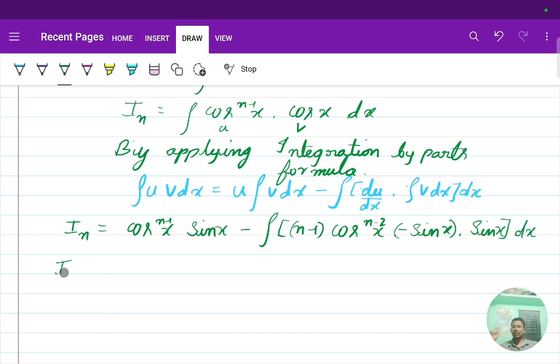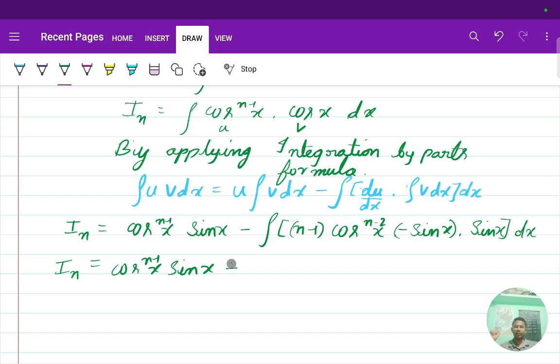So let us simplify this. I_n is equal to, now we have cos power n minus 1 x into sin x, minus. Here there is a minus, so I will multiply it with this minus.